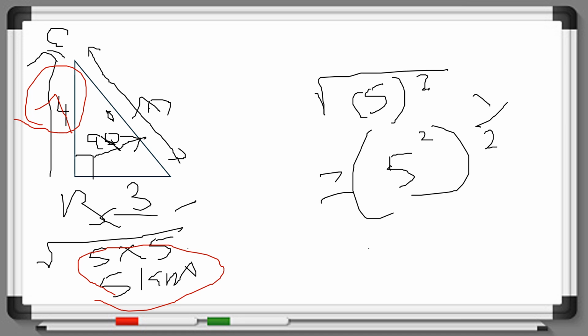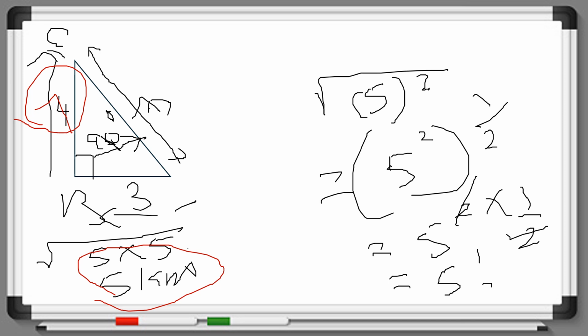That means 5 to the power of 2, we multiply this power 2 times 1 over 2. This 2 and 2 get cancelled. 5 to the power of 1, that is nothing but 5. That is 5 kilometer. Displacement is the shortest path and it has a particular direction. So therefore it is a vector quantity.